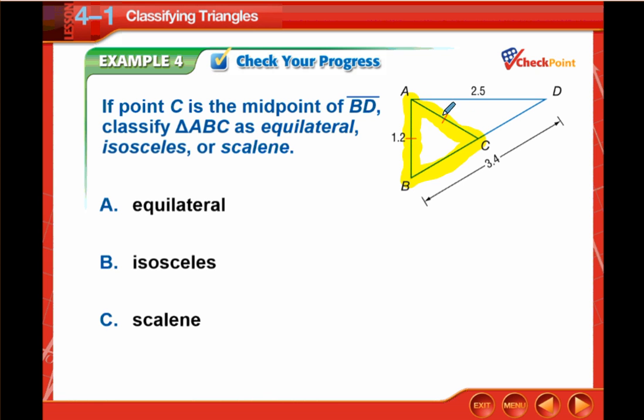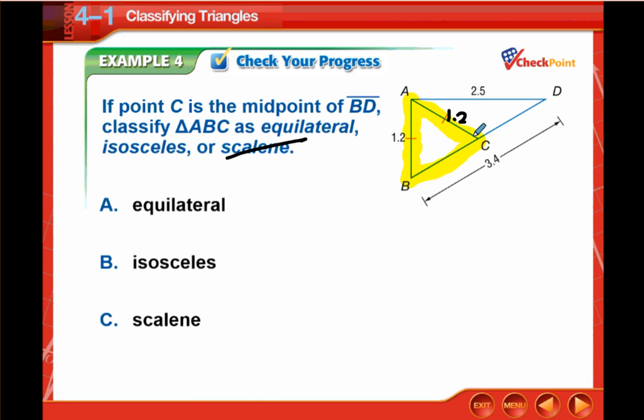Segment AB and segment AC are marked on the diagram as being congruent to each other with these tick marks. So if AB has a length of 1.2, then AC would also have a length of 1.2. So far, triangle ABC is at least going to be an isosceles. It's definitely not scalene, since we definitely have two sides that are congruent to each other.